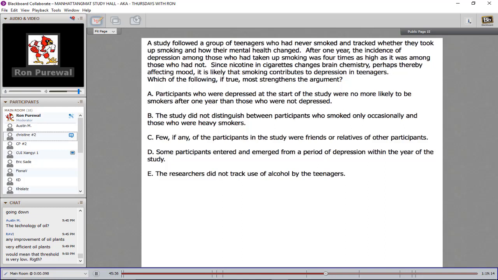What are they doing here? If you look at this argument, they're arguing that something is basically cause and effect. How do you break a cause and effect relationship?